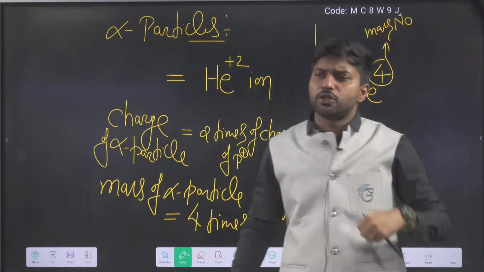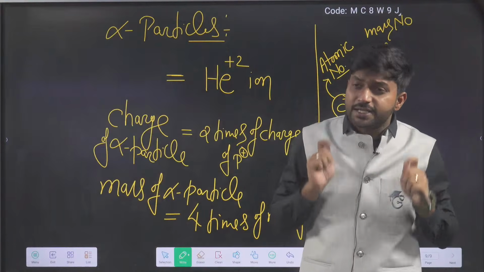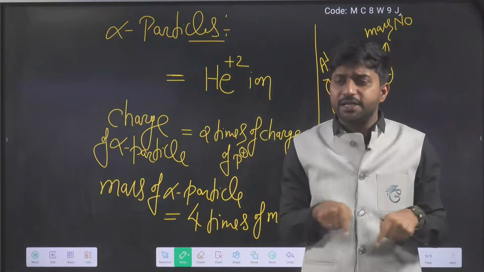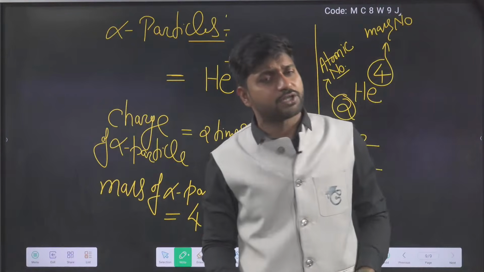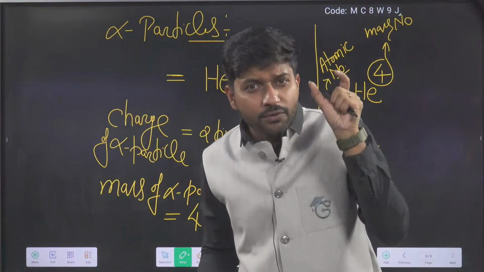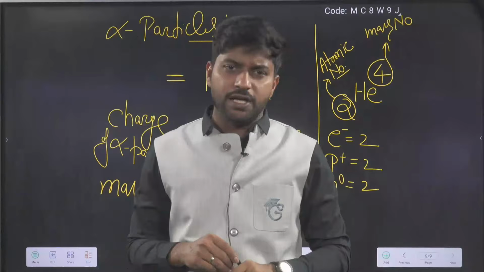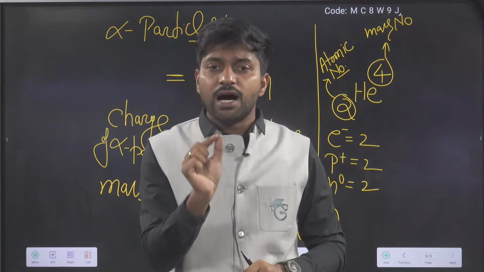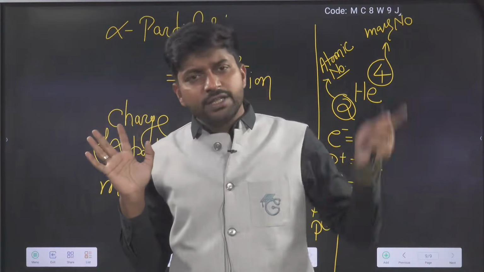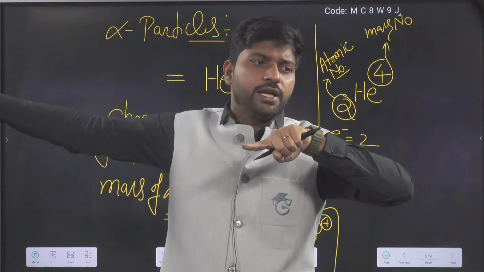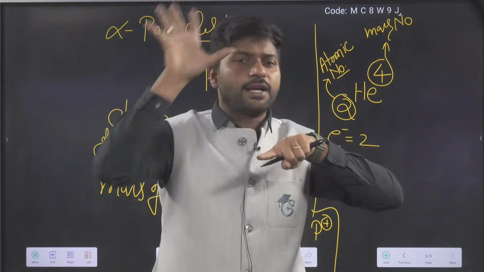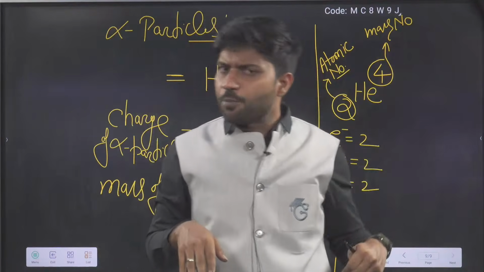They studied and decided all the properties, and Thomson was the first person who said that negatively charged particles are present in the cathode rays. These particles Stoney named what? Electron. Okay, after that we have seen the properties.